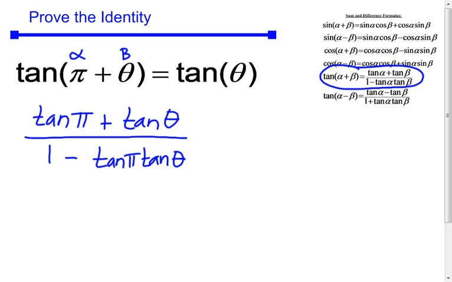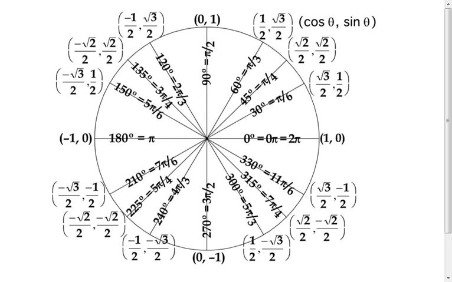Then I need to go to my unit circle because I can replace this quantity with a number, and I can replace this quantity with a number from my unit circle. So again, I'm going to go to my unit circle. Pi is over here. Tangent is your y value over your x value. And so when you do it, your y value is 0, your x value is -1, so 0 over -1 is 0.